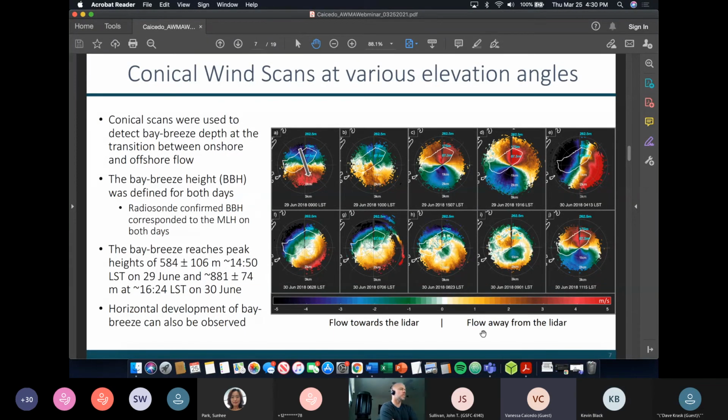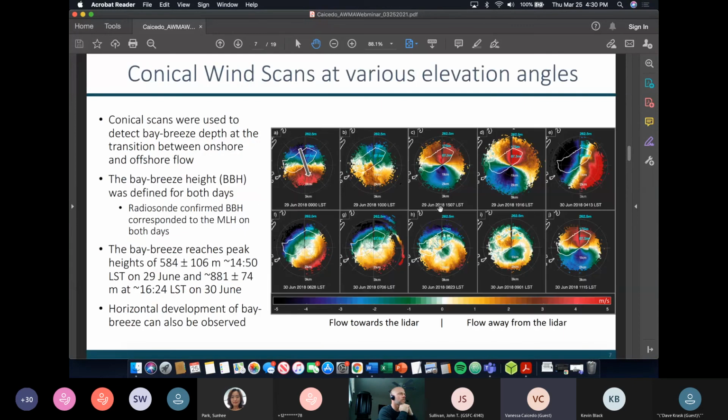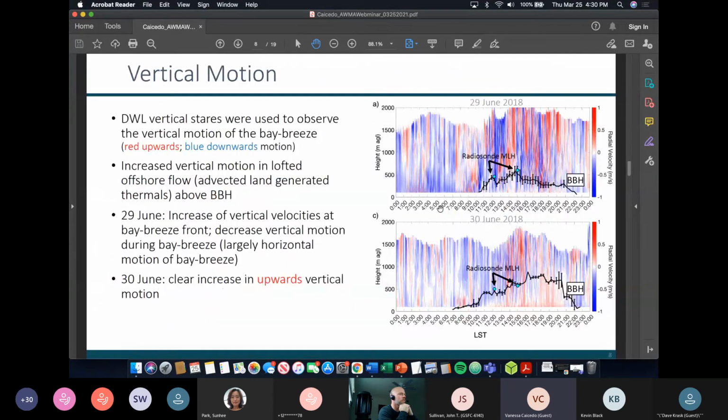But with the higher elevation angles, let's say 50 degrees or 75 degrees, we are able to still see those two flows vertically. And so then we can keep finding that transition height. Whenever I showed those results, you'll also see it with a plus or minus, and that is just because we do these scans pretty frequently, so there are a lot of them, and then we average those heights into what I displayed here.